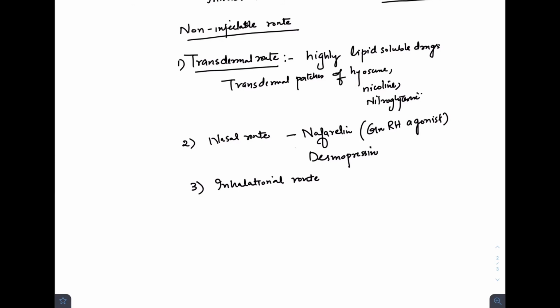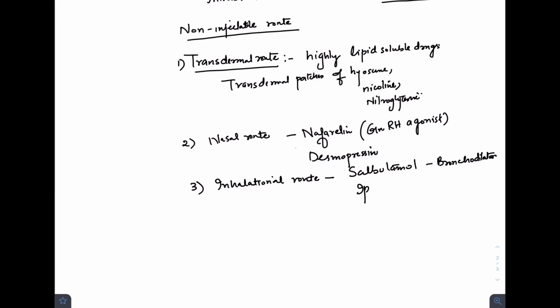The drugs administered through the inhalational route are, for example, salbutamol, which is a bronchodilator and a beta 2 agonist, which we will be reading in the ANS pharmacology. We have many beta 2 agonists like salbutamol, terbutaline, albuterol, salmeterol, formoterol, a big list of them.